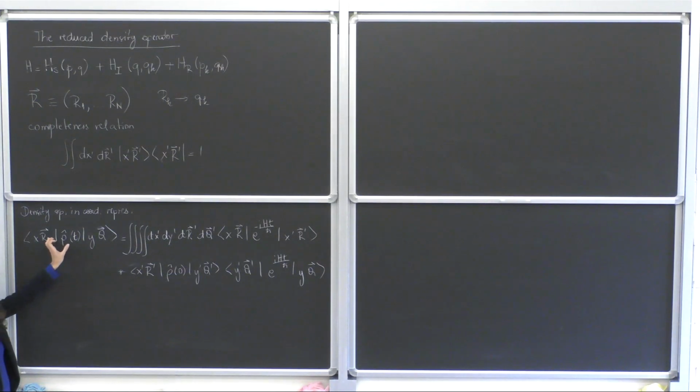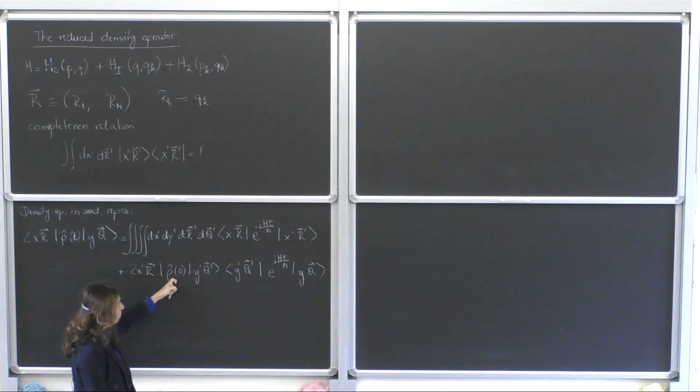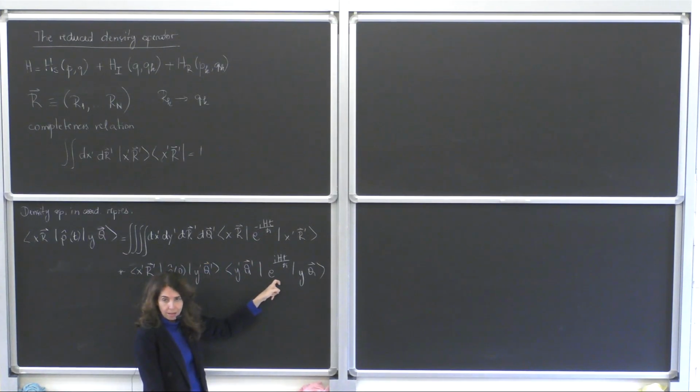So the density operator in coordinate representation, xy for the particle, qr for the bath, is nothing but I replace my rho of t by the expression that I wrote yesterday, e to the minus i Hamiltonian t over h bar times rho 0 times e to the i Hamiltonian t over h bar.